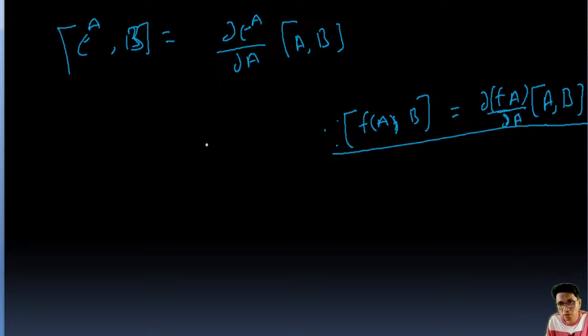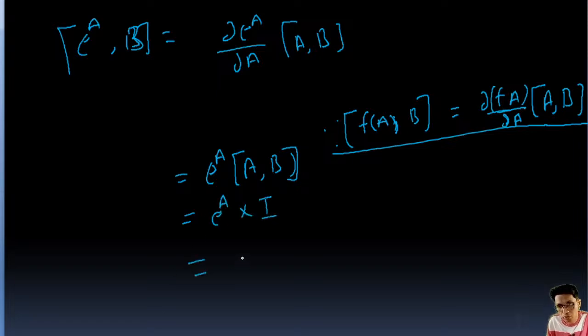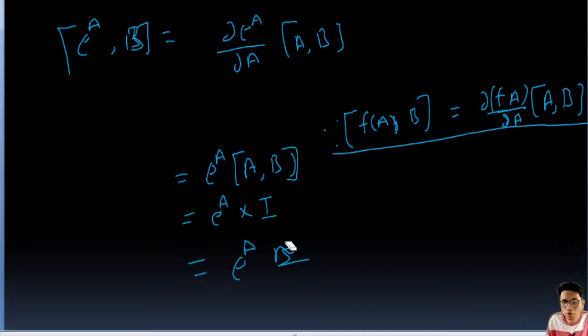So here we'll solve it. The derivative of e^A with respect to A is e^A, times [A, B], and we know [A, B] is given as I, so e^A times I, which is going to be e^A. Okay, so this is the answer. Option A is giving the correct value.